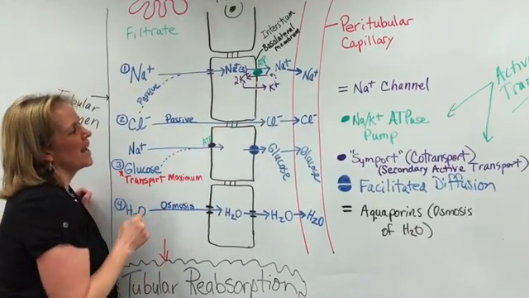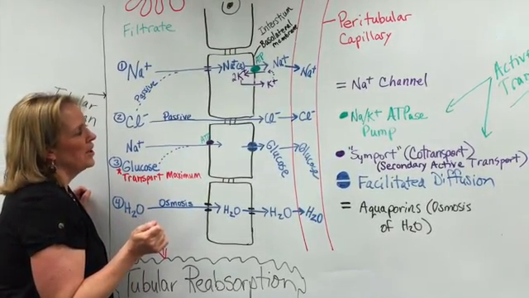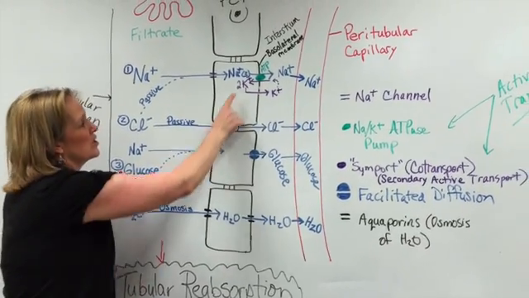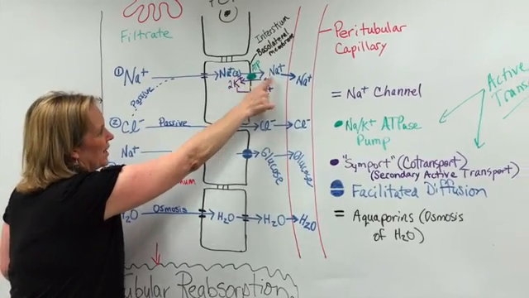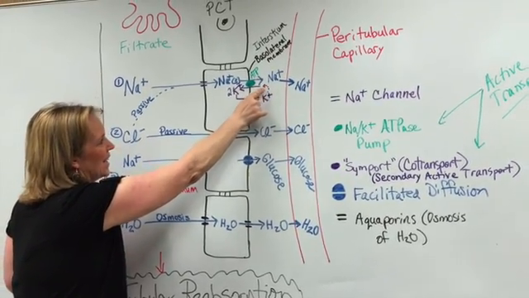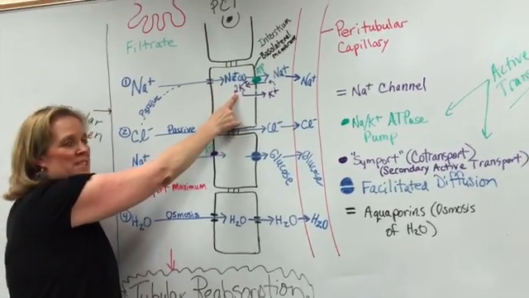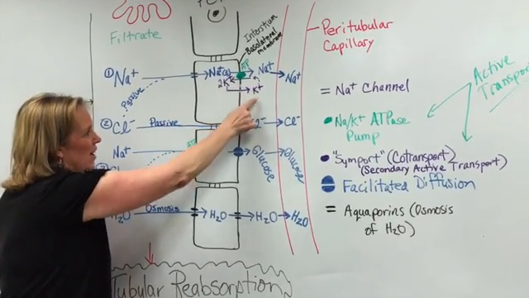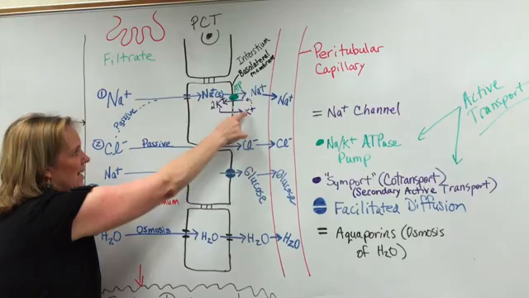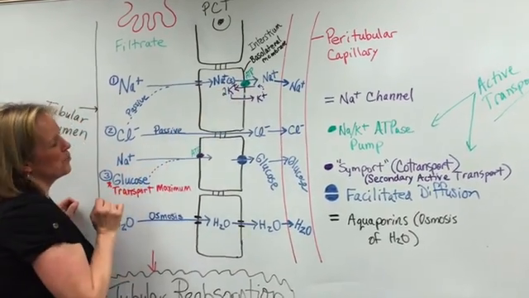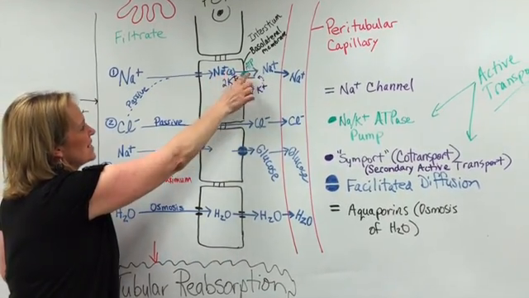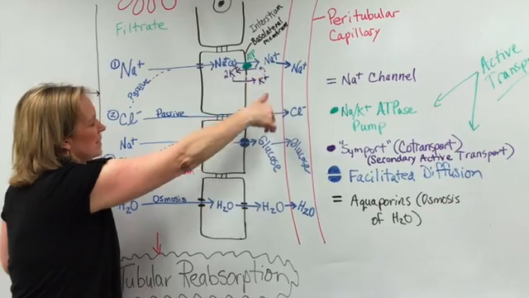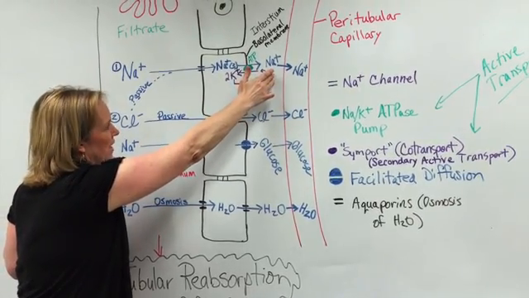The sodium-potassium ATPase pump uses ATP to pull 3 sodium ions out of the cell, and at the same time it moves 2 potassium ions into the cell. Potassium tends to leak out, so it's kind of going in and out here as this pump is working, but this is how we set up a gradient for sodium ions.